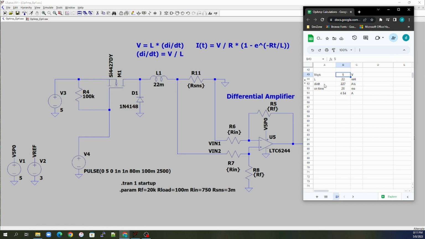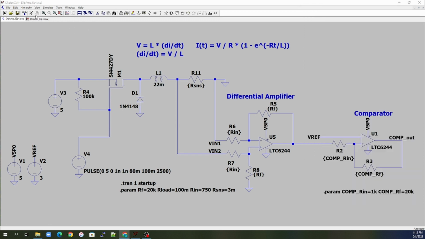That means that we will have a rate of change of 227 amps per second. But we're only going for 20 milliseconds as our on time. So according to the formula of the current, we are going to see about 4.54 amps at the peak before the switch is turned off.